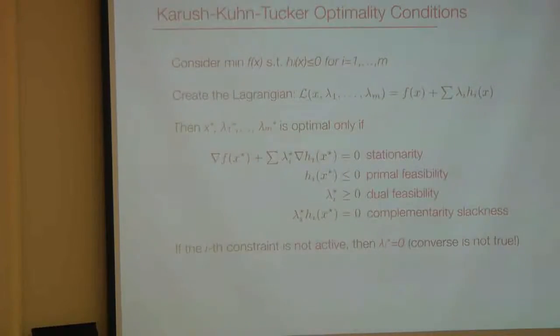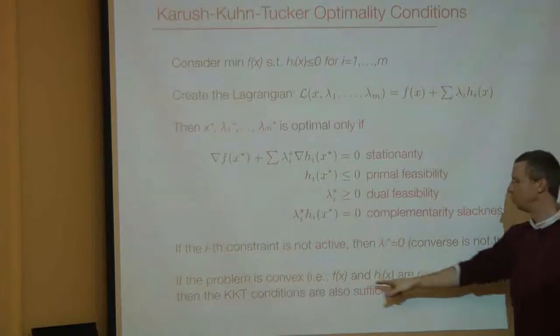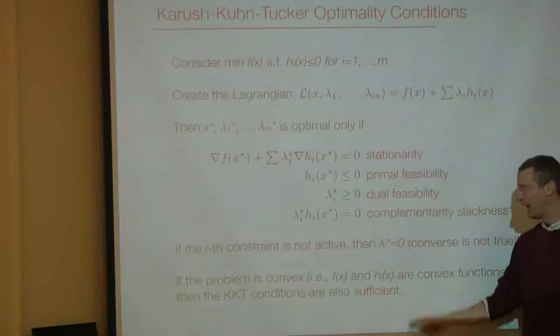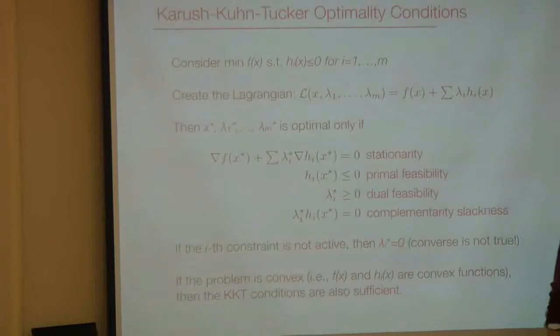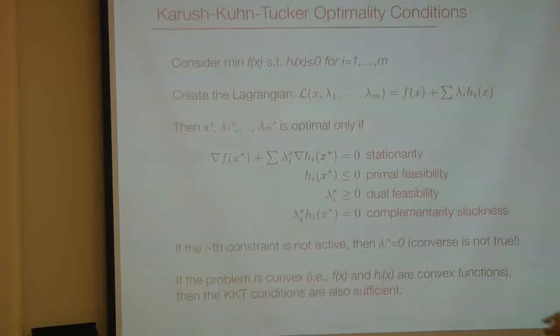However, if the problem is convex, meaning the objective function is convex, and these constraint functions are also convex functions, then these conditions are also sufficient, meaning if there is a point which satisfies these 4 conditions, it is safe to proclaim the point as the global optimum of the problem. Because the conditions for a convex problem are both sufficient and necessary.